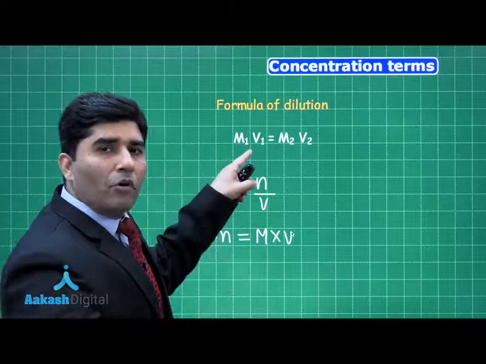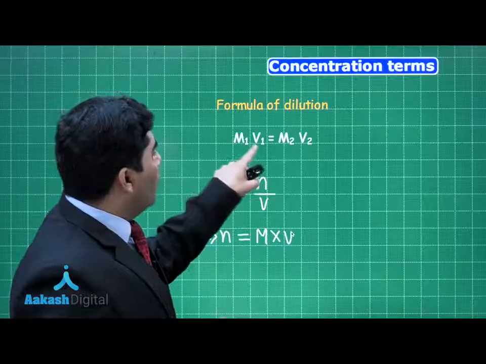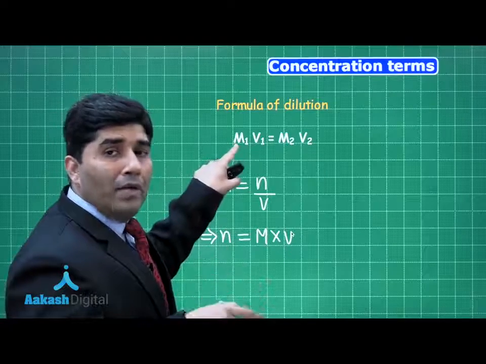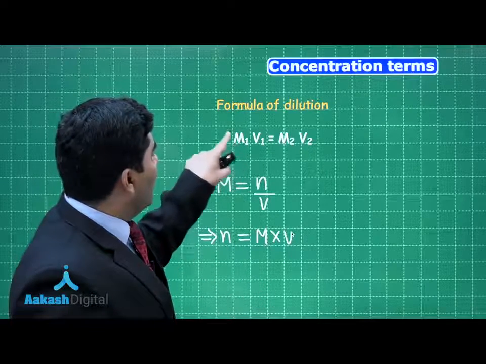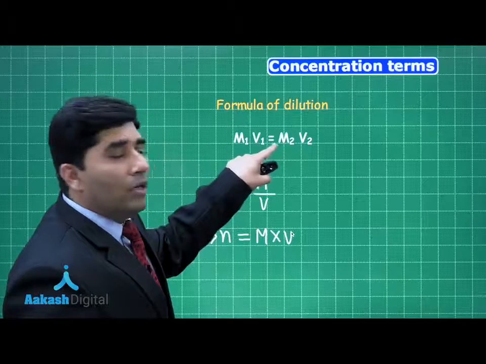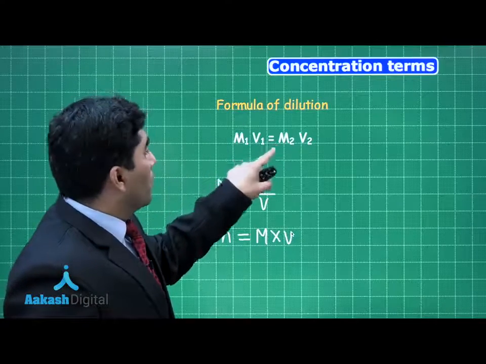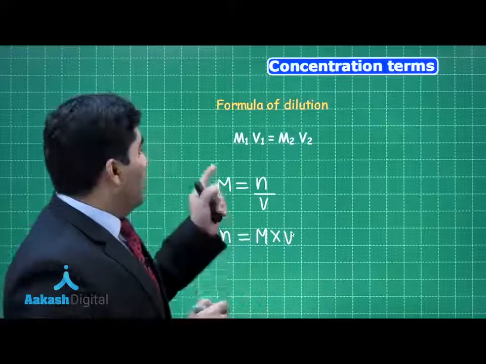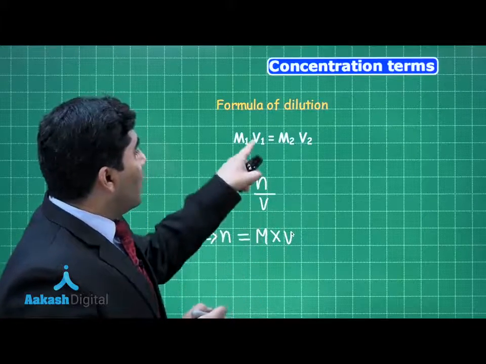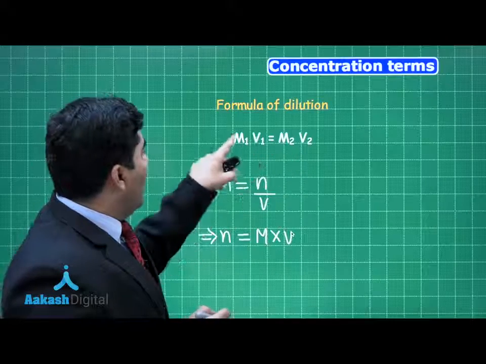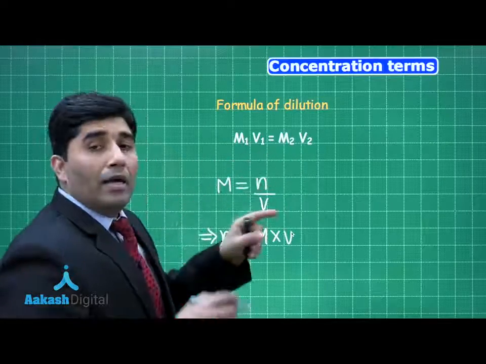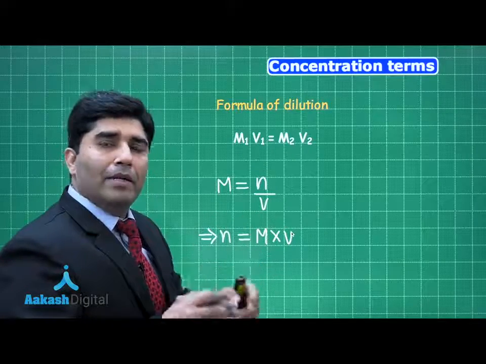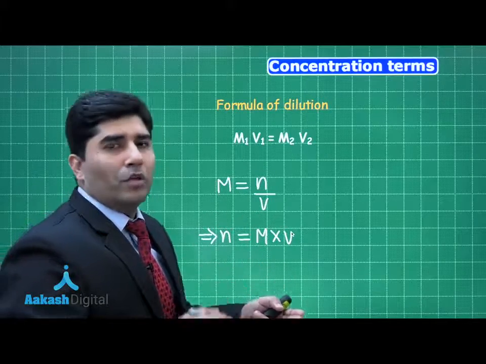If you add some water, the volume V1 will become V2, the solution will become dilute, and the concentration changes from M1 to M2. So M2 into V2 is again the number of moles. You are diluting it, that's why volume will increase and molarity will decrease, and the product M into V will remain the same. Let's solve a question based on it.